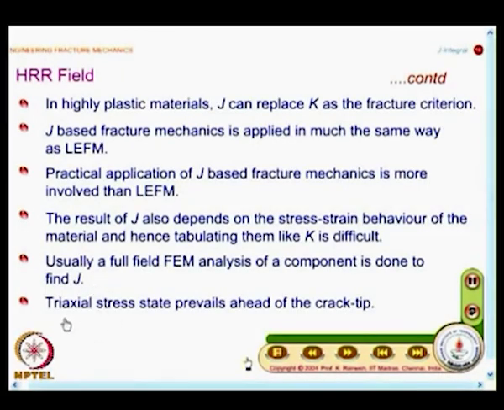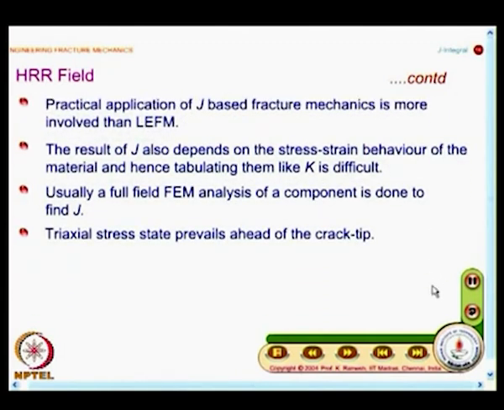And you will have to look at the triaxial stress state that prevails ahead of the crack tip. You have the blunted crack tip. So, you have a triaxial state slightly ahead of the crack tip, and people also have tried to model this in some form.